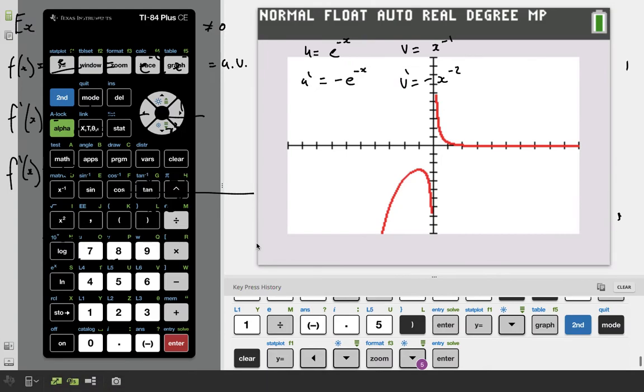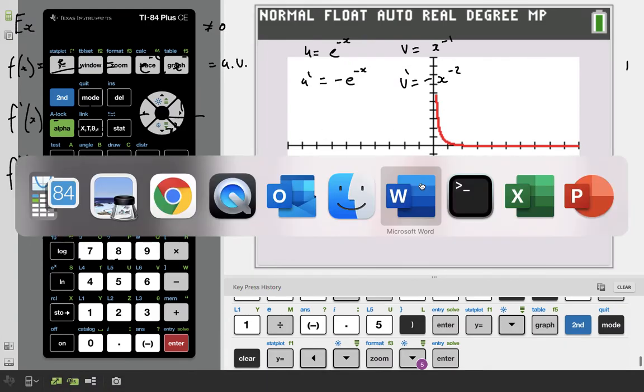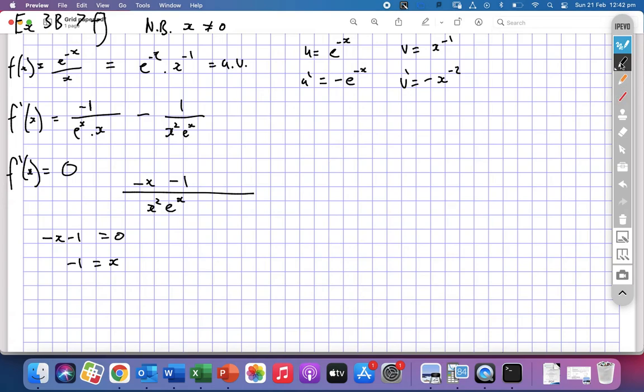Let's look at the graph again. So that's at a minus 1, right? Here's your max. Now, hang on, back to this. If you like, you could say, all right, that derivative there equals 0 when this thing here equals 0.